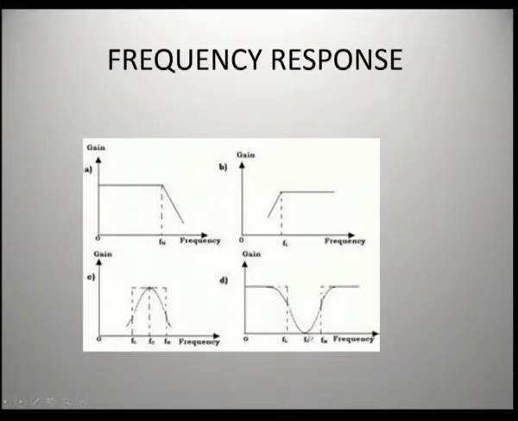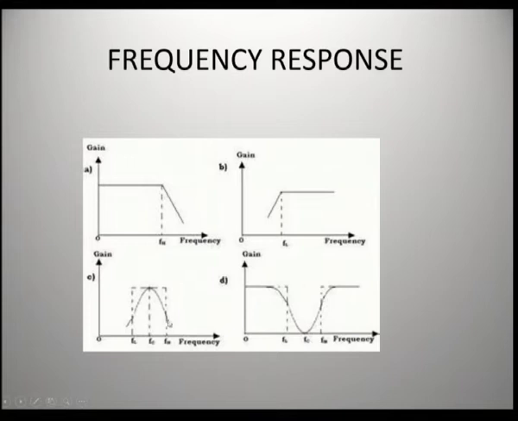For the band pass and band stop, we have two cutoff frequencies. One is the lower cutoff frequency and the next is the higher cutoff frequency. In the center it is the center frequency. So, for band pass, at the center frequency you get the maximum peak for the gain, and up to the lower cutoff frequency no signal is passed.